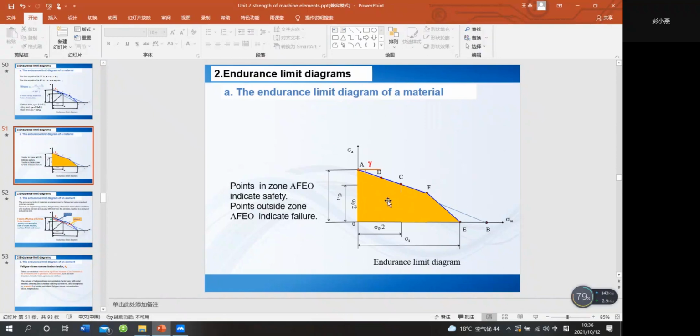And then we can calculate the mean stress and stress amplitude. If the point is in this zone, your design is safe.